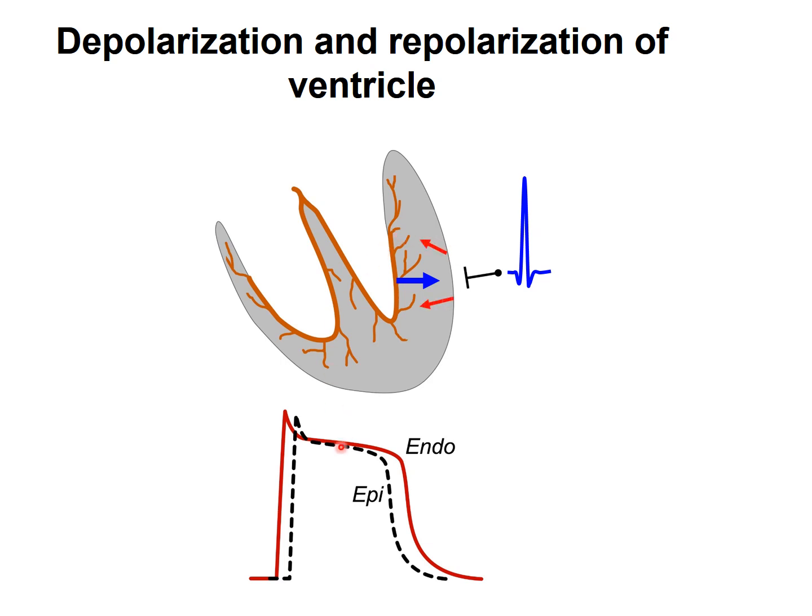The reason is that the action potential of the muscle obtained from the endocardium has a much wider and longer plateau phase compared to the epicardium. So the depolarization ends first in the epicardium, and the repolarization is exactly the opposite. However, because different charges are present, replacing negativity and positivity, now we detect a positive deflection.